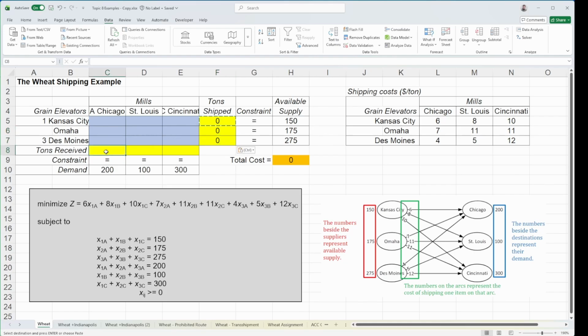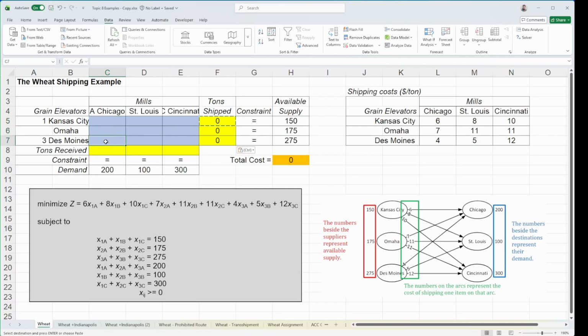And the 3 yellow cells in row number 8 will be used to implement the left-hand side of the customer constraints or the demand constraints. So again, they're just the sum of 3 variables. So 1a, 2a, and 3a. So this is 1a, this is 2a, this is 3a.